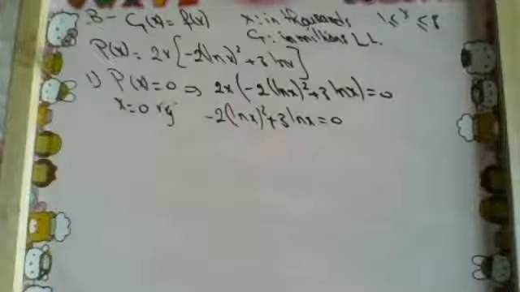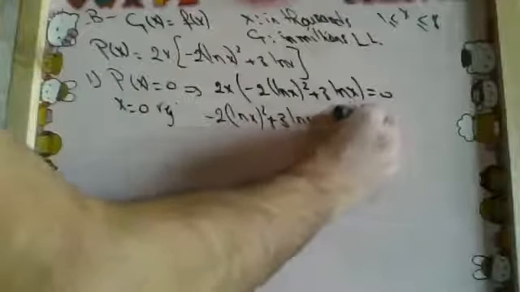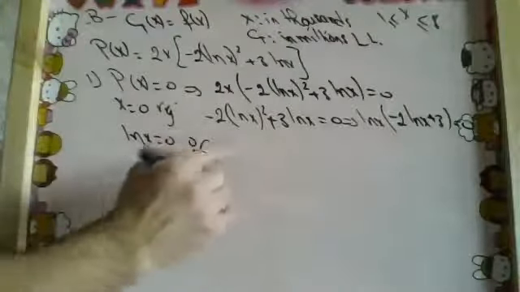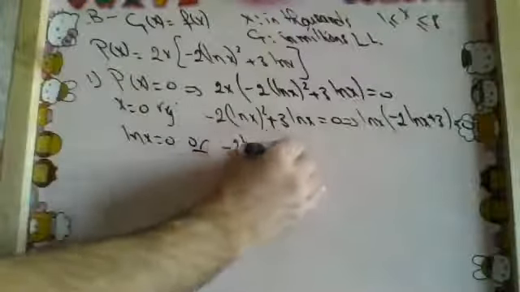How do you solve this equation? On the calculator, it's a trinomial. You can use the calculator, or you can simply take the common factor. If you take ln x as common factor, then ln x into negative 2 ln x plus 3 equals 0. Right. So ln x equals 0, or negative 2 ln x plus 3 equals 0.